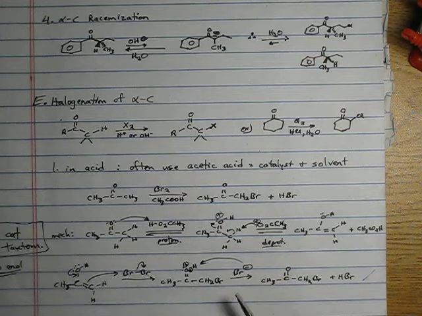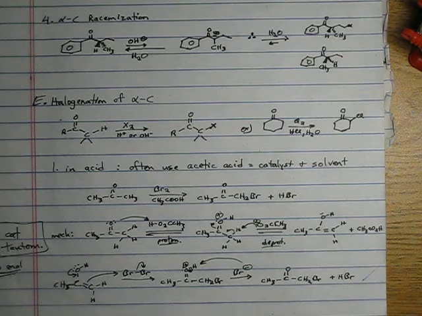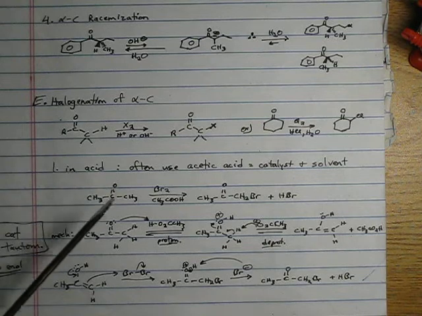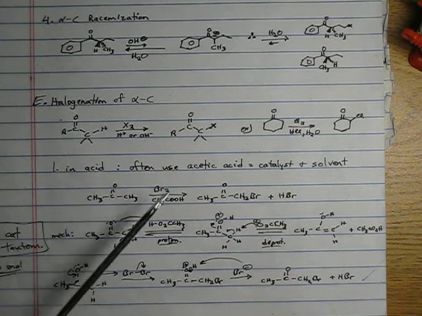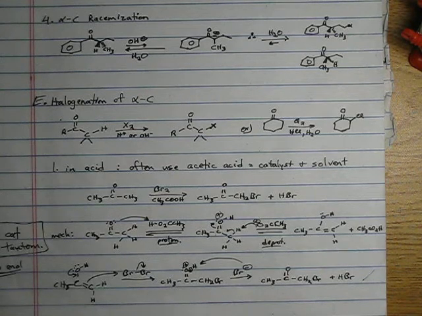We can write it that way. And the bromide comes in, takes that hydrogen. The horrible fact of the matter is I'm not going to worry too much about the mechanism for these. Mainly I want you to know that a ketone and Br2 with acid is going to put the bromine alpha.